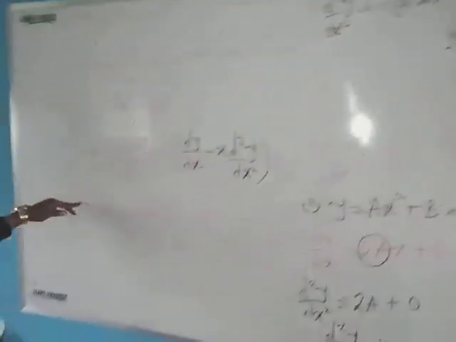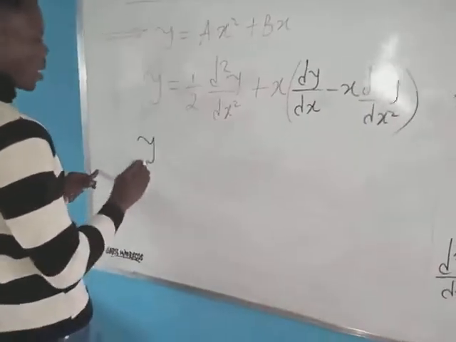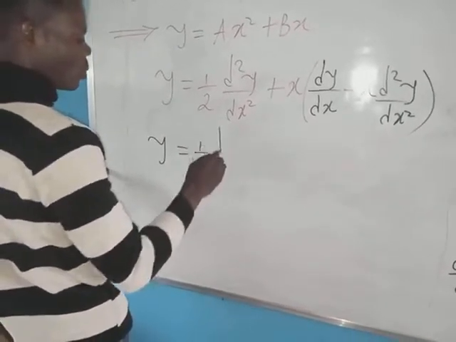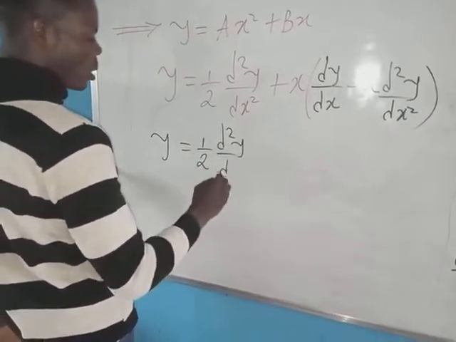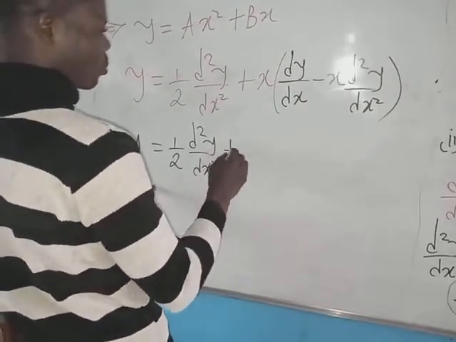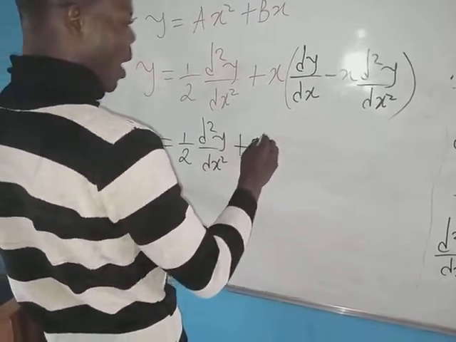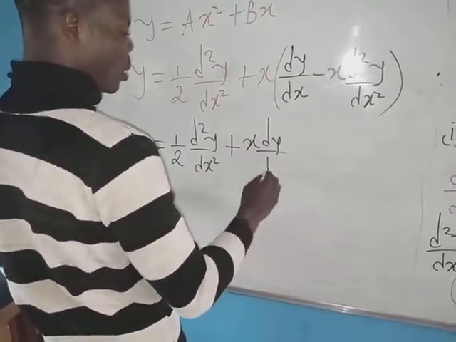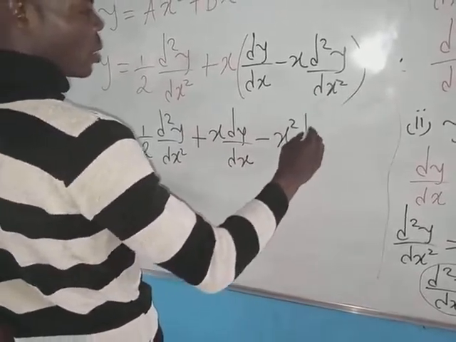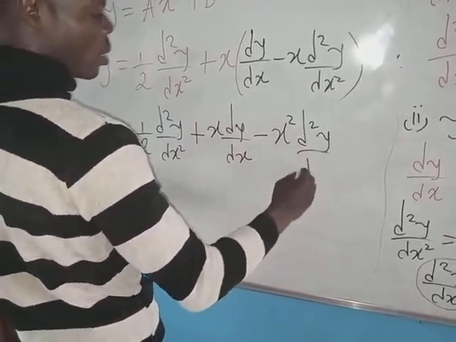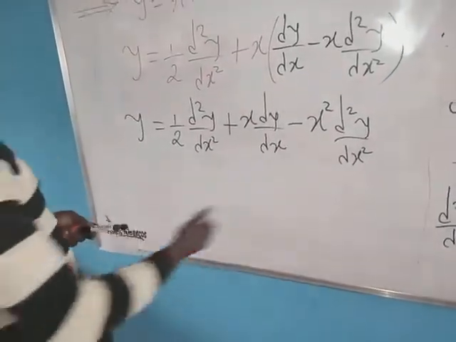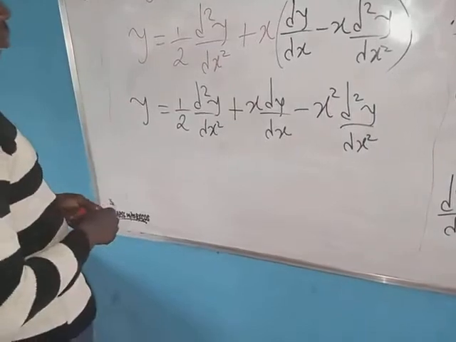Now let's simplify this. We are going to have y equal to 1 over 2 d squared y by dx squared x squared, then plus, so this time this will give you x dy by dx minus x squared d squared y by dx squared. So anything common?